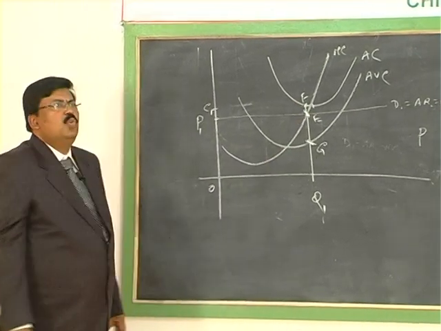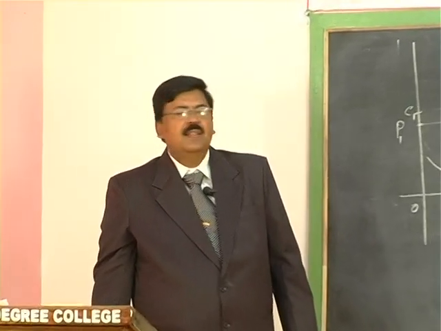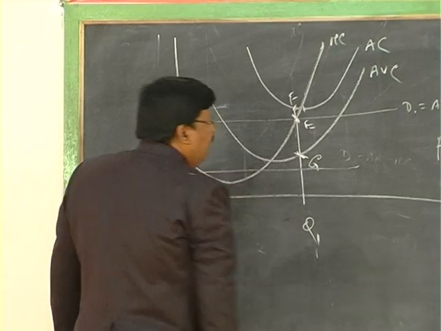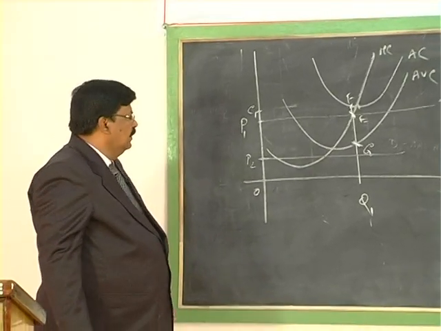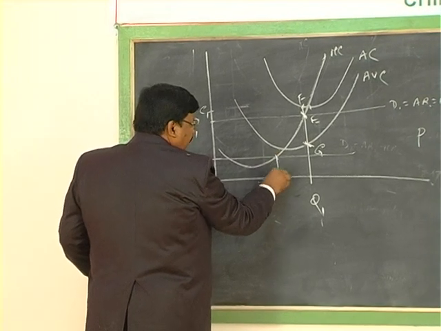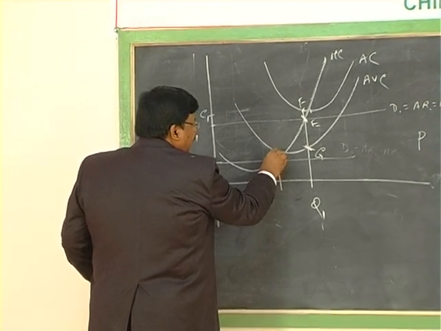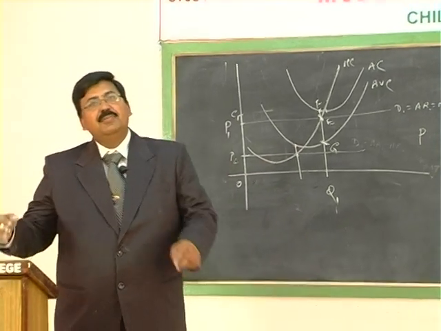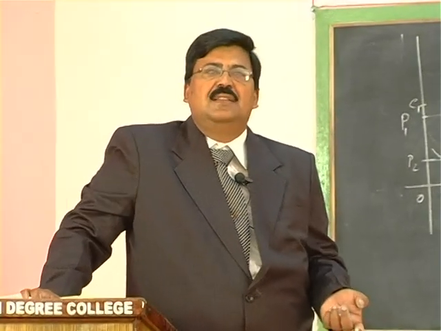Now, to what extent can it go on? For example, if price is somewhere here, OP2, production will never take place because here, if at all it has to take place, MC-MR equality indicates this is the equilibrium and this is the minimum AVC. Price is less than variable cost. So the firm can avoid variable cost.